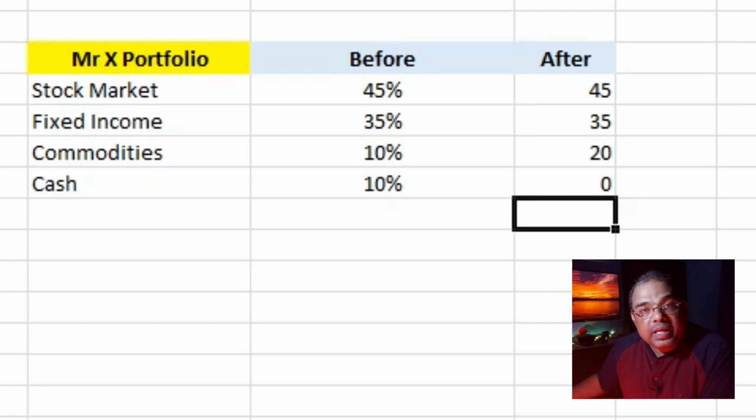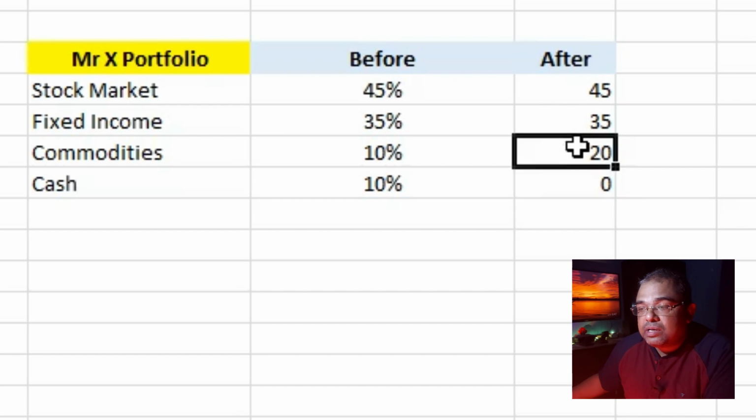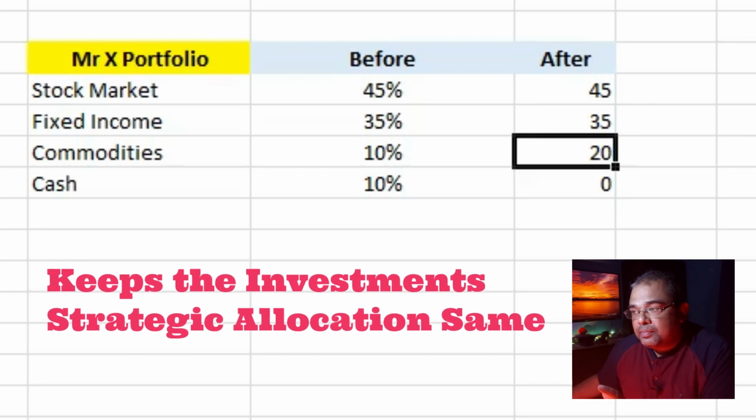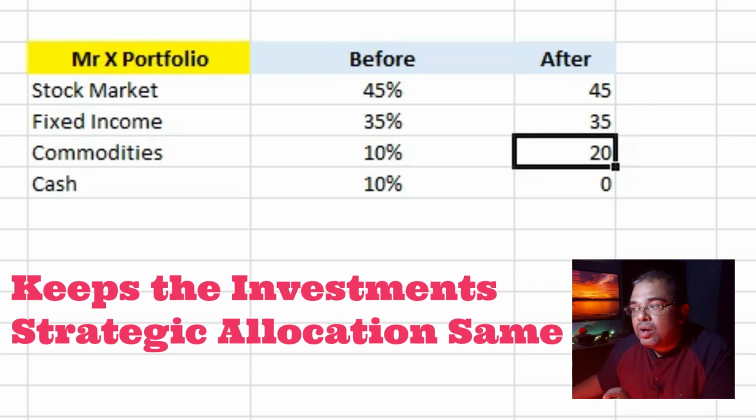So why would he have cash at hand which is not earning good returns? Instead, he would like to capitalize on that and put it into the commodity section. So eventually, he keeps the portfolio's strategic allocation the same, but just allocates a little more on the looming market opportunity. He allocates his cash holdings. He does that to capitalize on the quick gains that the market opportunity has presented to him.